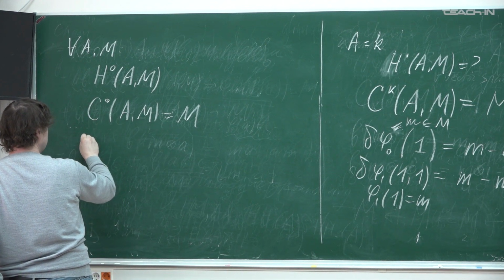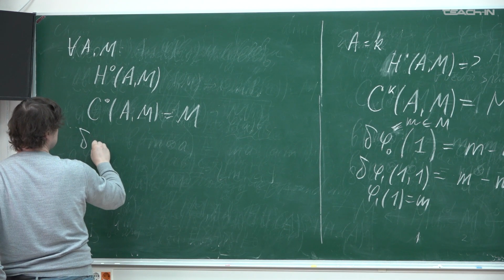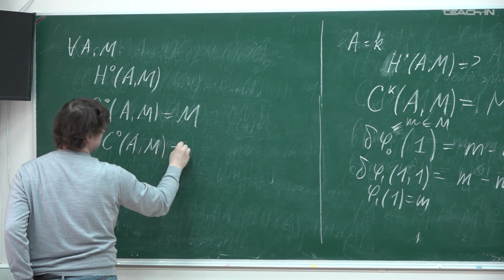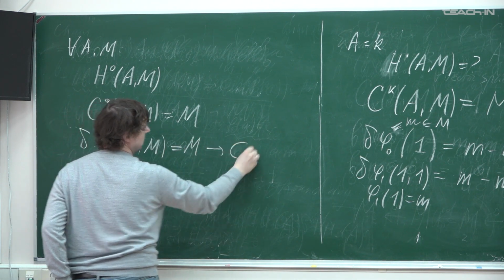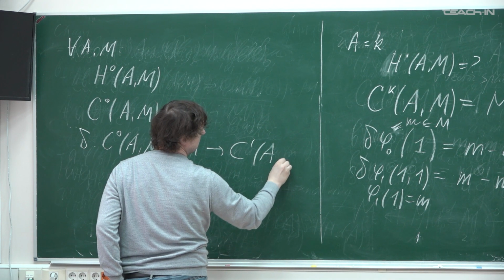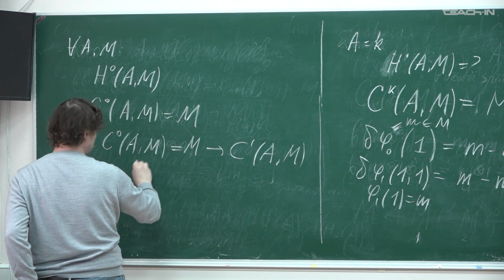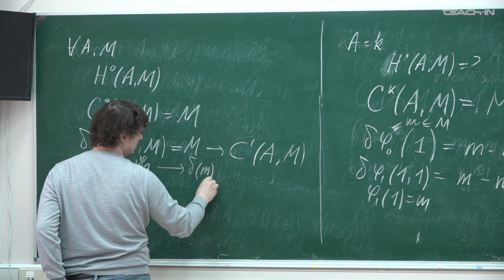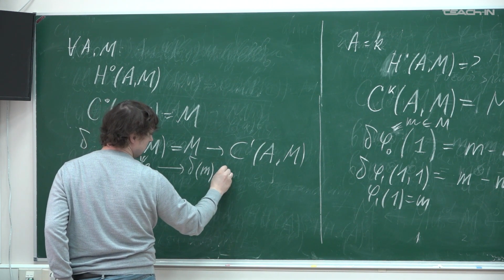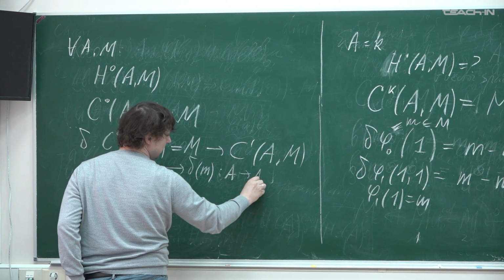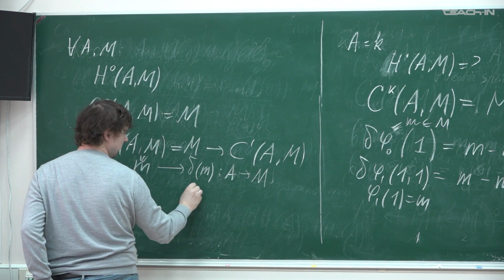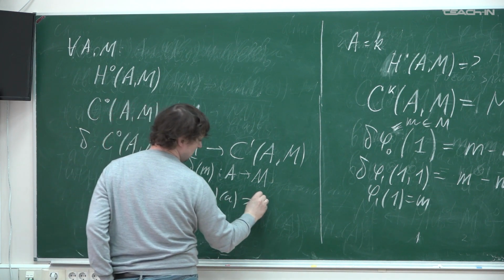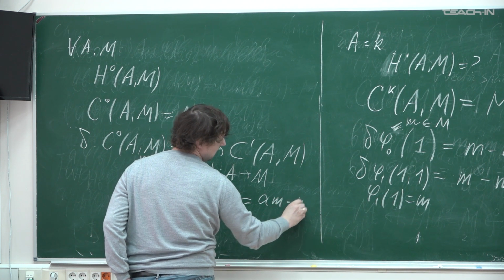The differential from C^0 to C^1 will send every element m here to delta of m, which is a map from A to M. Delta of m applied to a is equal to am minus ma.